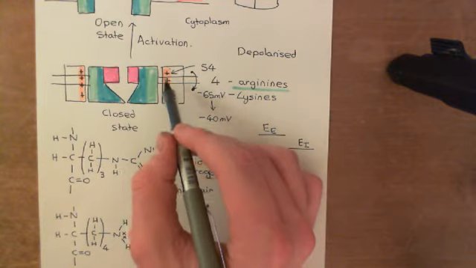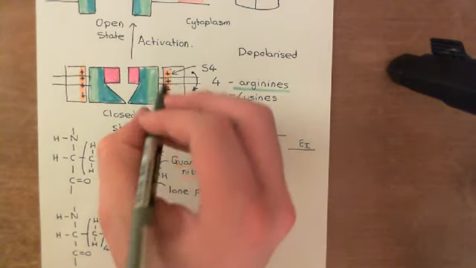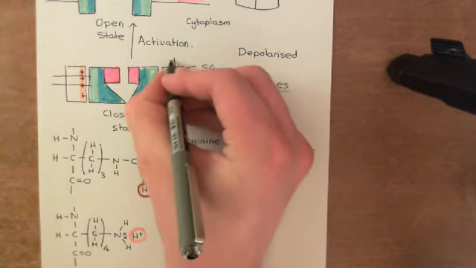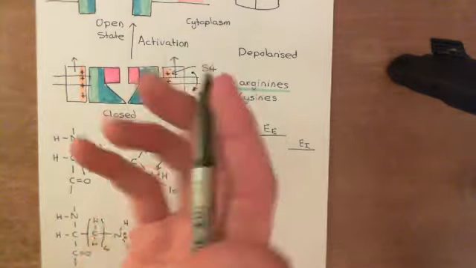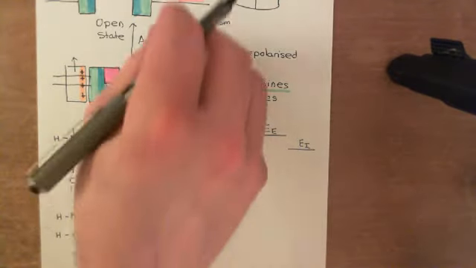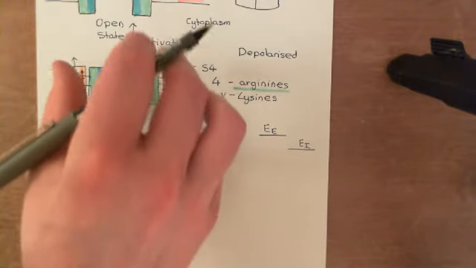So the force on the S4 helix that's driving it down has been reduced. Now it's going to recoil like a spring. You're releasing the spring a little bit and it's going to recoil back. So the S4 helices move up. The entire voltage sensing domains move up, basically.